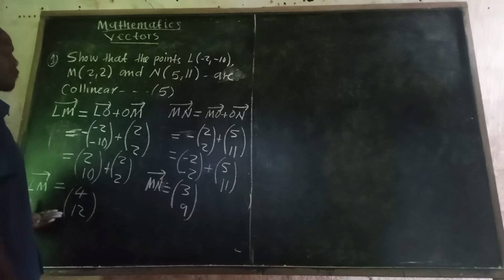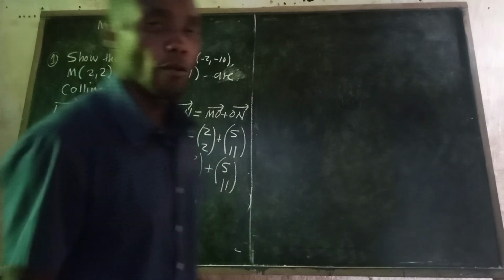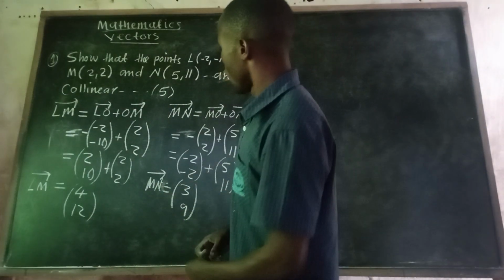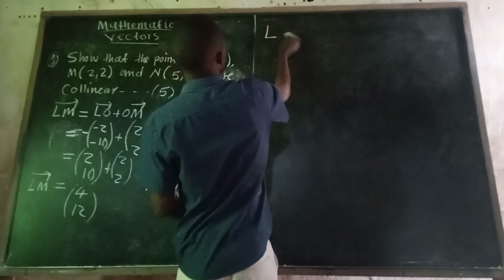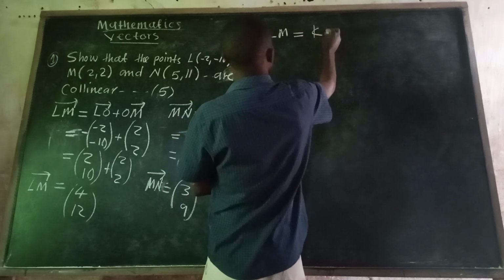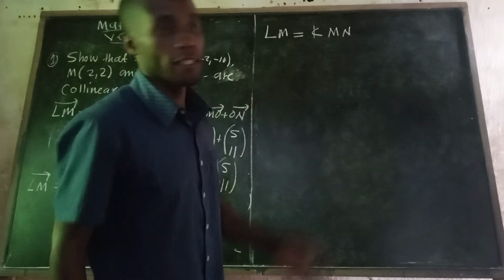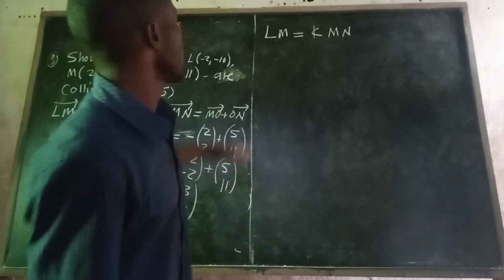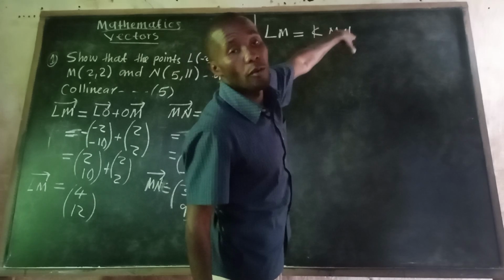Okay. So having found vector LM and vector MN, we are now going to find the scalar multiple. The scalar multiple of LM, we can use LM is equal to K MN. That K is representing the scalar, the scalar multiple. So simply means LM is equal to K MN.